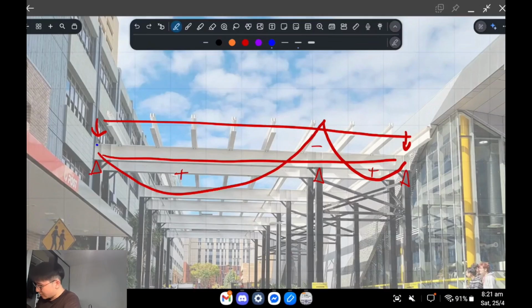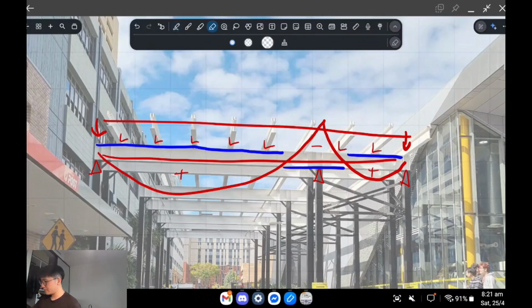So we know that the compression flange from here to here and here to here and here to here is going to be our critical flange, right? And so therefore, these secondary beams actually serve another purpose. They're laterally restraining our beam. Okay, so they act as lateral restraints where there's positive bending on the top side, right? So that's in the gravity load case.